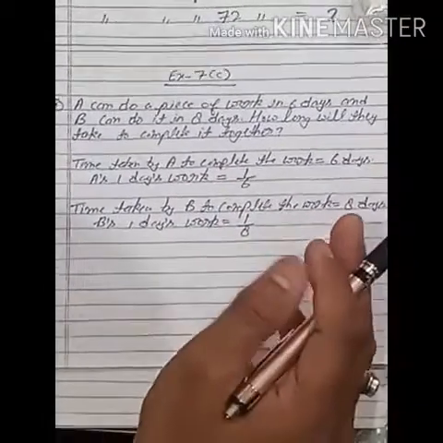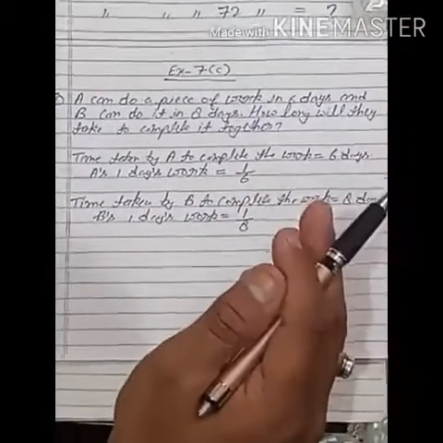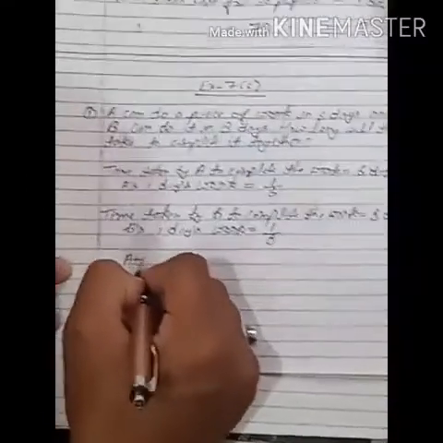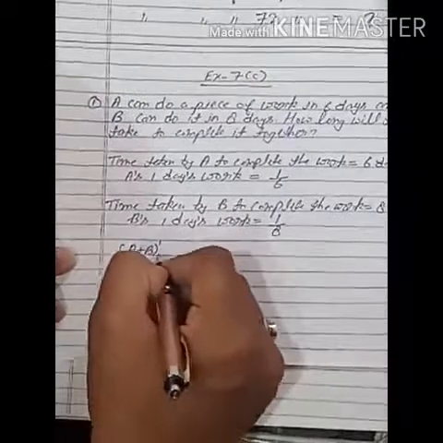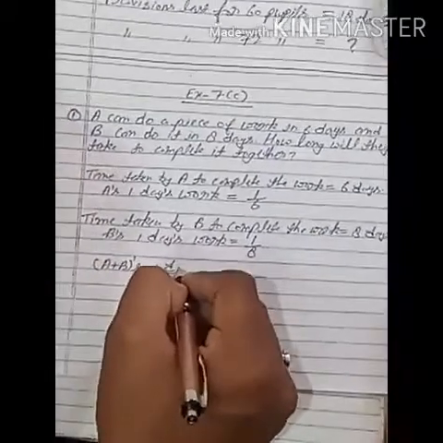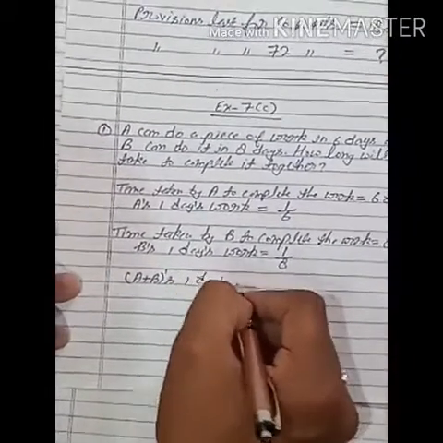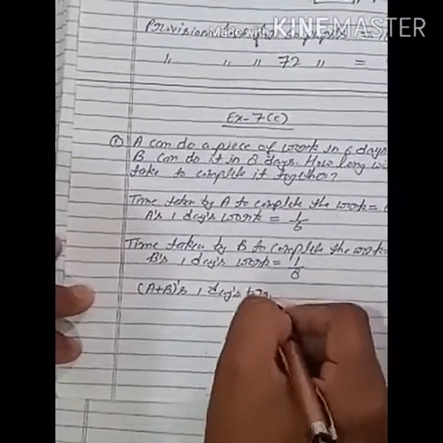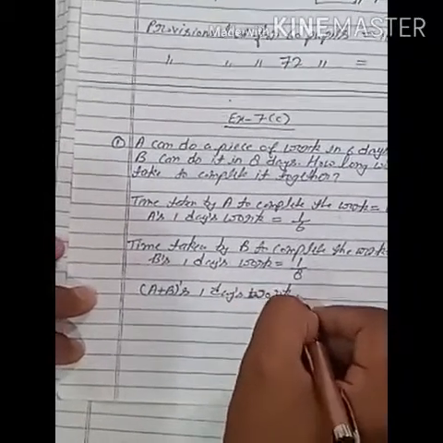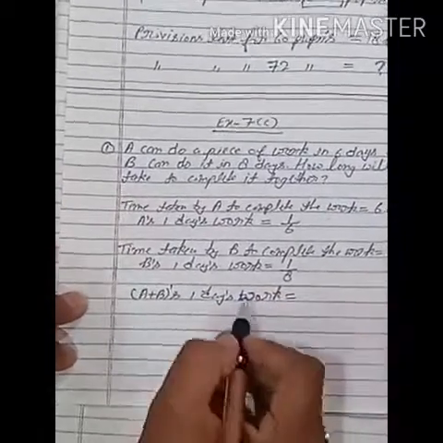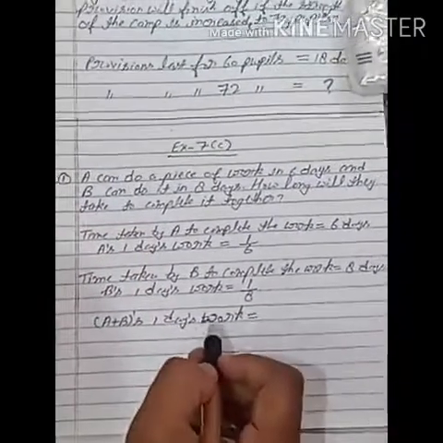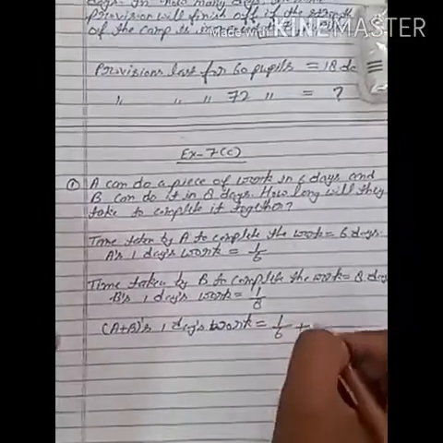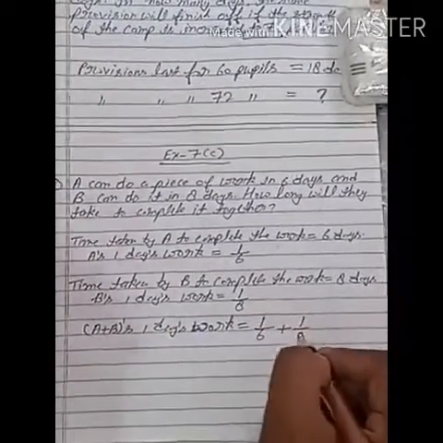So now we will find A and B's 1 day's work. A plus B's 1 day's work means if A and B are doing work together for 1 day, how much work can they complete? So A plus B's 1 day's work is equal to A's 1 day's work, 1 upon 6, plus B's 1 day's work, 1 upon 8.